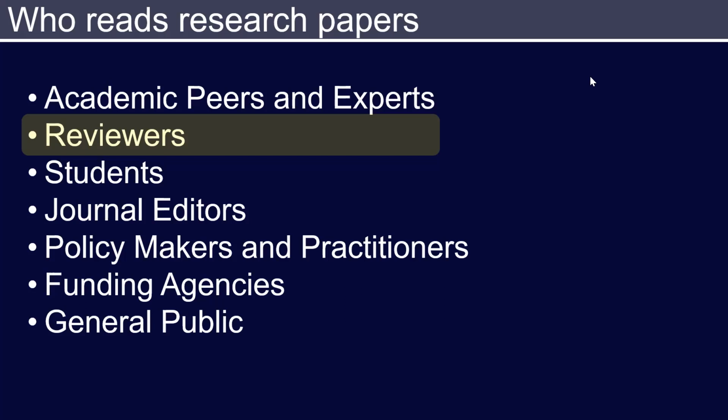So those practitioners and reviewers and other people who are working in interdisciplinary activities should be able to appreciate your work as well. But that doesn't mean that you should be writing specifically for those domains other than yours. So you are focusing on your specific domain, academic peers, experts, and of course, students.